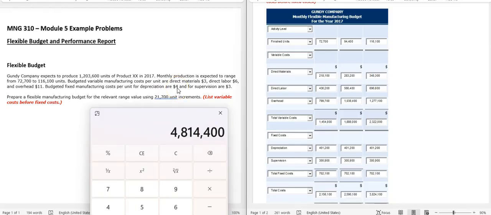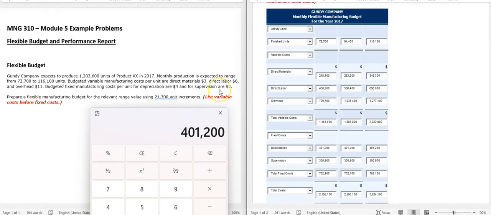Now remember, fixed costs are fixed. No matter what level of production they have, those costs will always be the same, right? As long as we stay within that relevant range. So if that's 4,814,000 and change for the entire year, if I divide that by 12, they are budgeting for 401,200 in fixed depreciation costs each month.